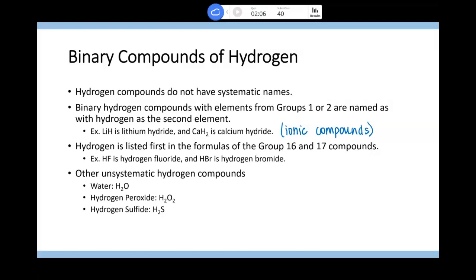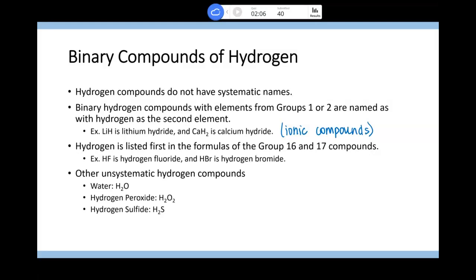If hydrogen is bonded to elements in group 16 or 17, then hydrogen is listed first, and we name them like covalent compounds, where HF is hydrogen fluoride, HBr is hydrogen bromide, although in this case we're not using that mono prefix for fluoride and bromide.